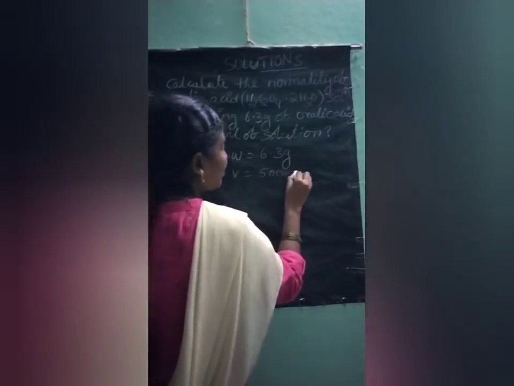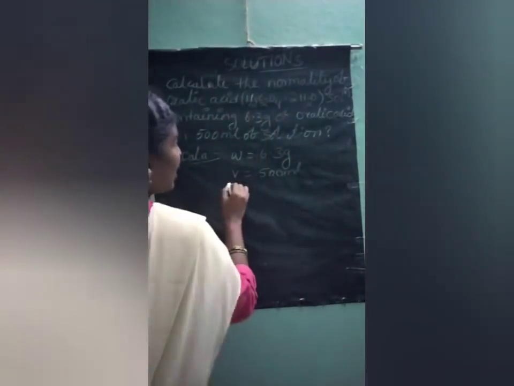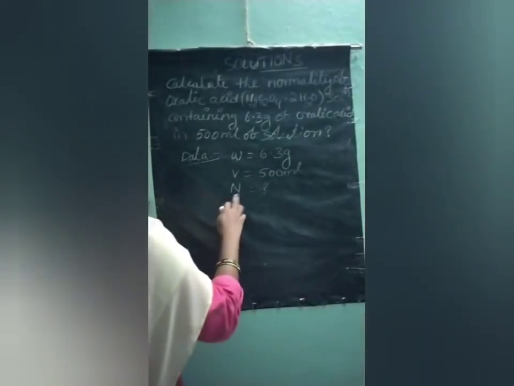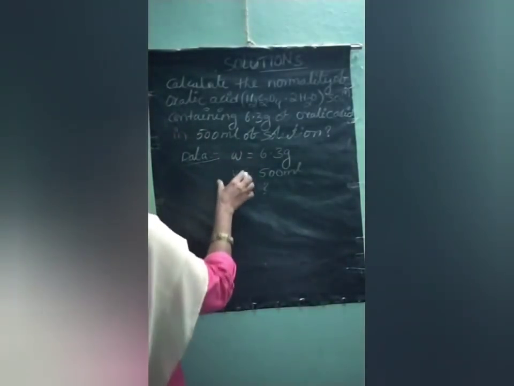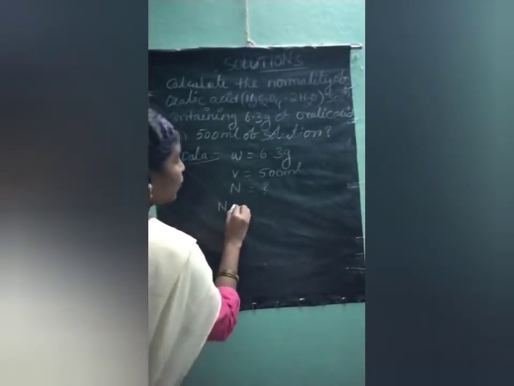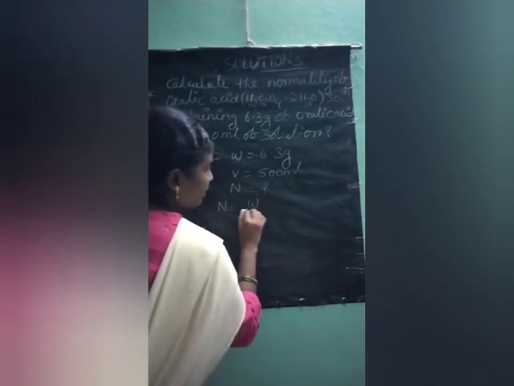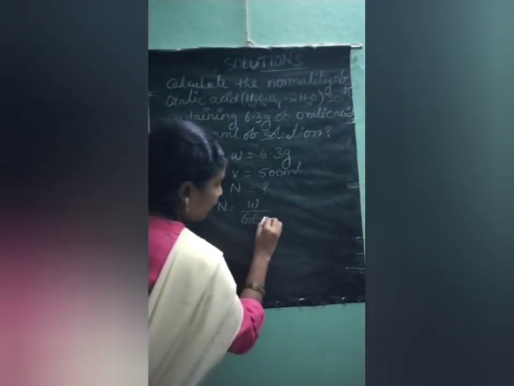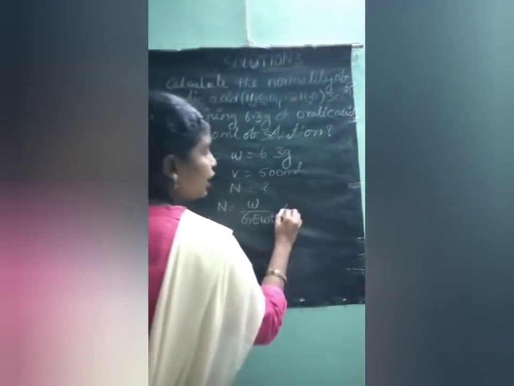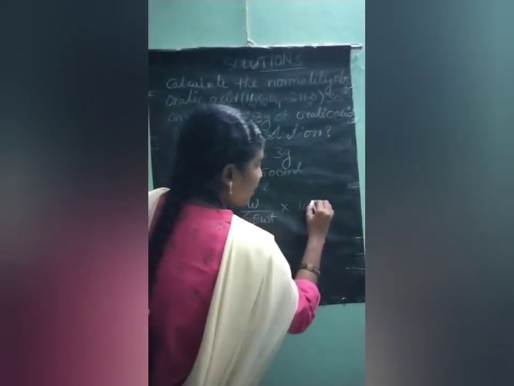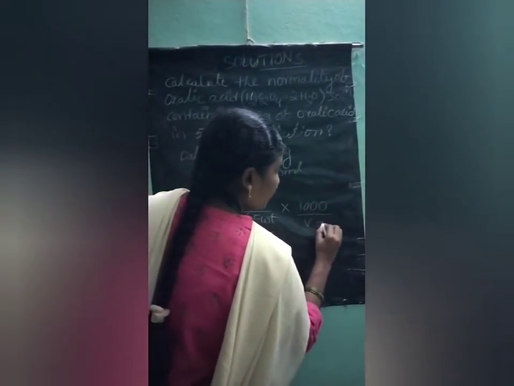Calculate the normality. We don't know the normality, so it is N. Now this is the total data given. What is the formula? Normality is equal to the weight of the oxalic acid by the gram equivalent weight of the oxalic acid into 1000 by volume in ml.